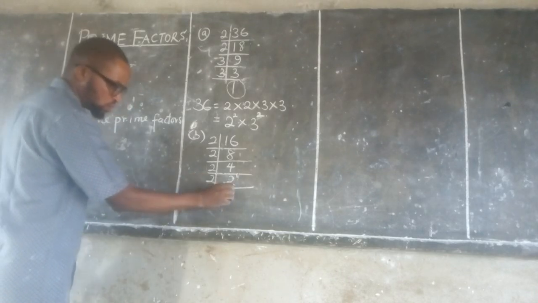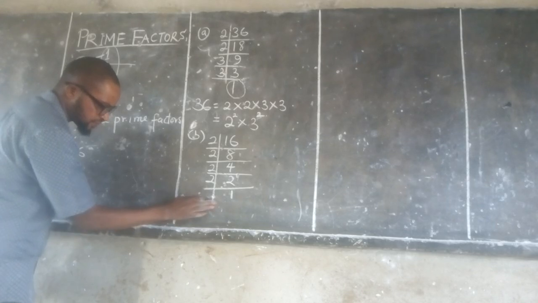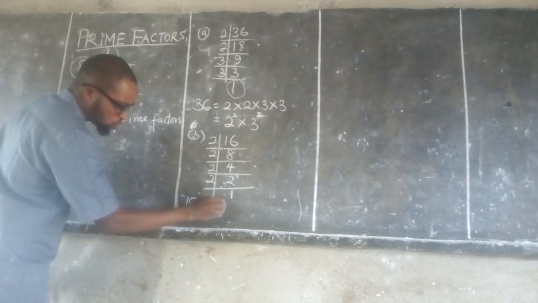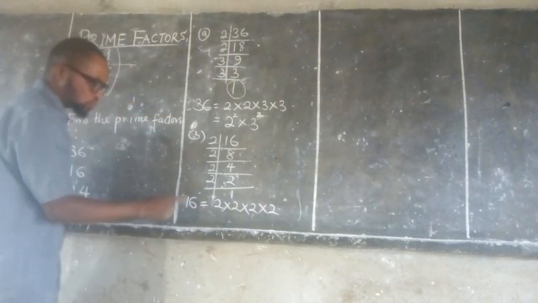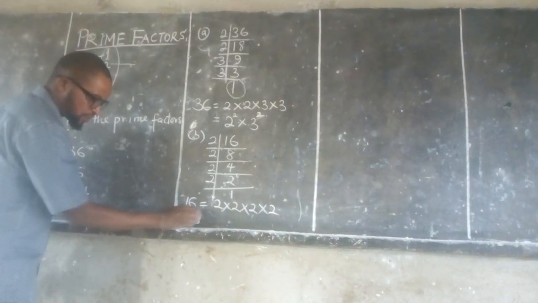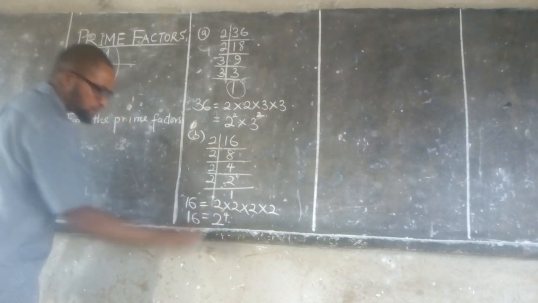Then 2 dividing 2 gives 1. Hence, 16 is equal to 2 times 2 times 2 times 2. Leaving this in index form, this is equivalent to 2 raised to the power of 4.